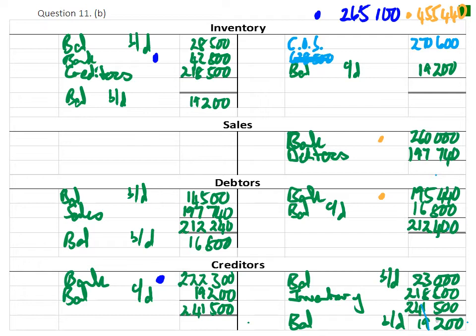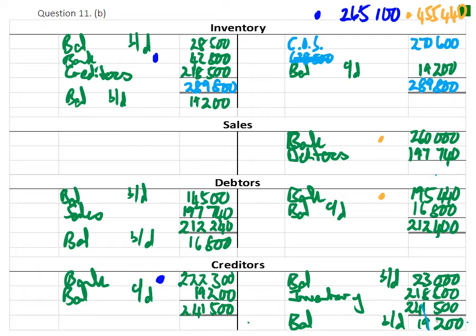It's all going to be the balancing amount, plus the amount we purchased on credit. That's going to give you 289,800, which you're going to take across to this side, 289,800, and you're going to subtract the closing inventory, which will then give you the cost of sales amount.